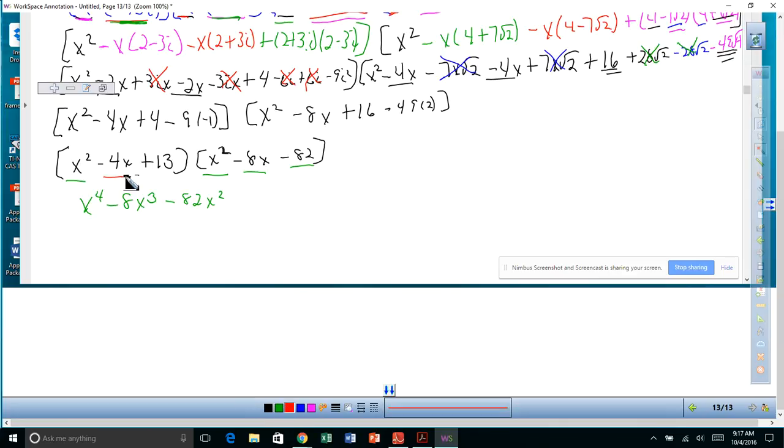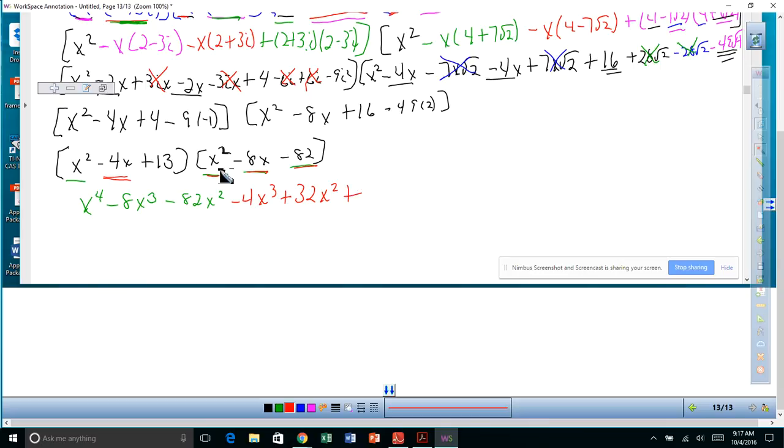Now let's do minus 4x times x squared. That's going to be minus 4x cubed. Then minus 4x times minus 8x, that's going to be plus 32x squared.